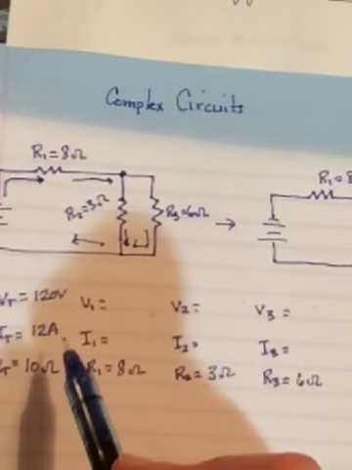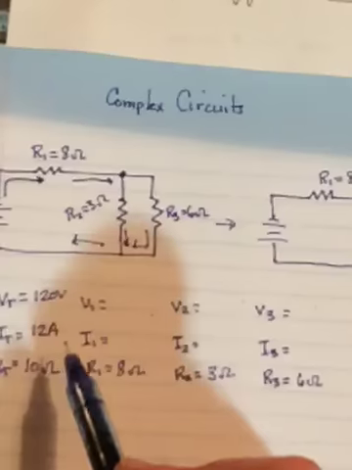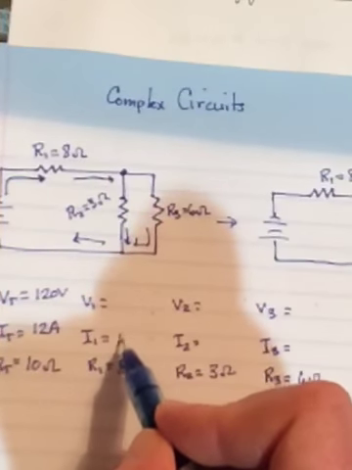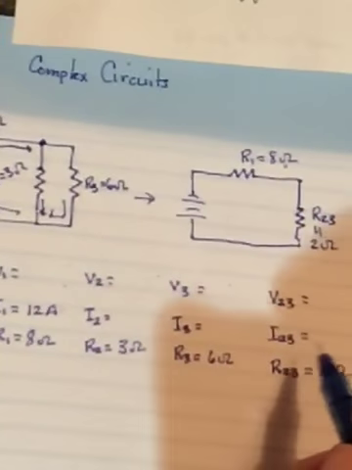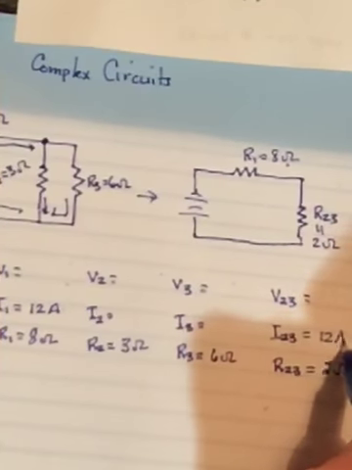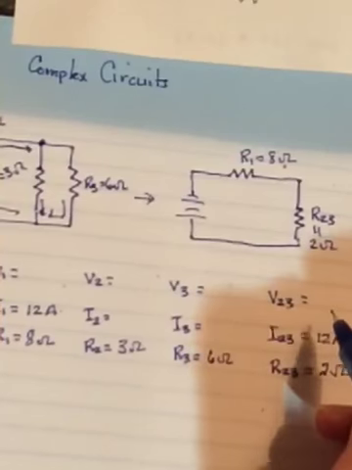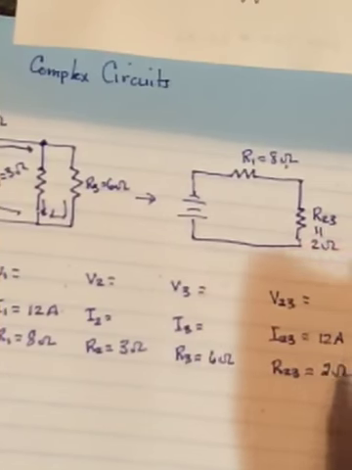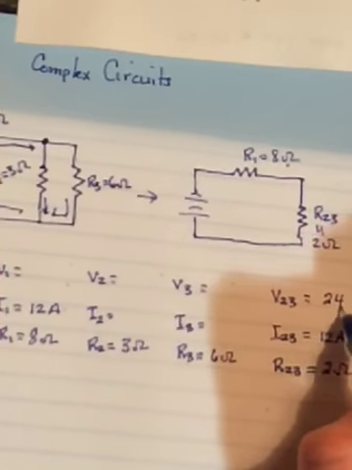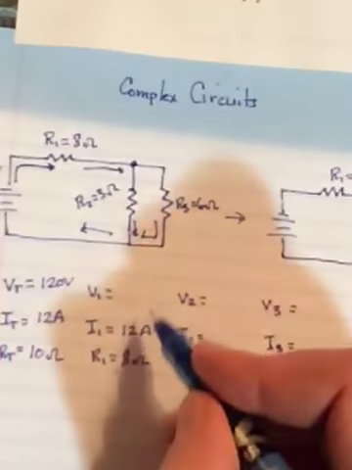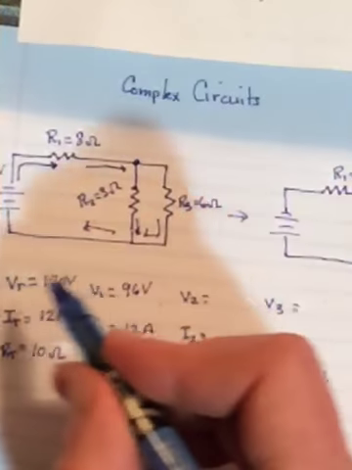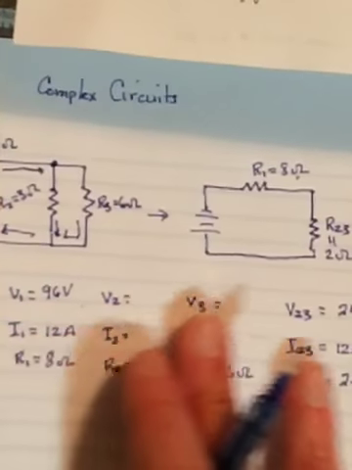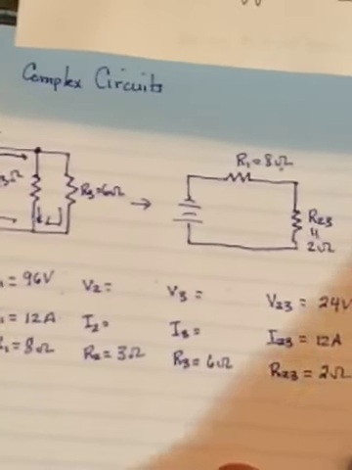So they're the ones that have the same current as the 12 amps. So where I1 is, put 12 amps, and where I23 is, put 12 amps. Now that you have those, you can get your volts. So V23 has to be 24 volts, and V1 has to be 96 volts. And these two should add together to give me back my 120, and they do.